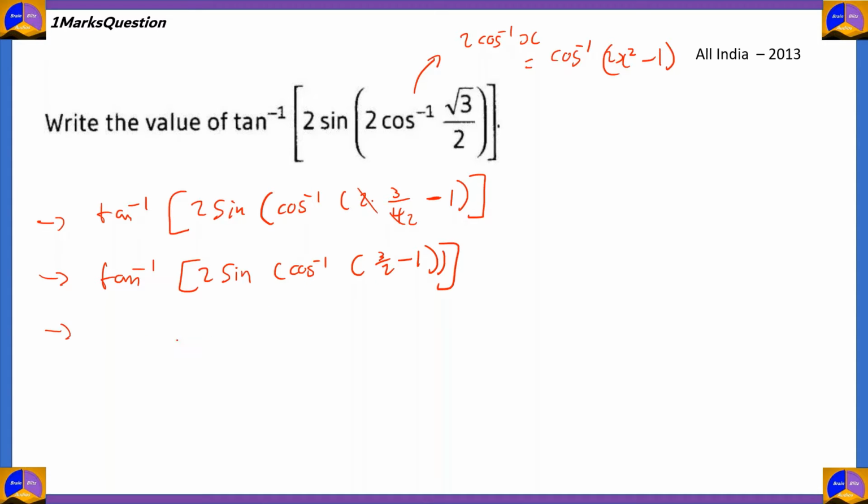And then 3 by 2 minus 1 will give you tan inverse of 2 sine cos inverse of 1 by 2.